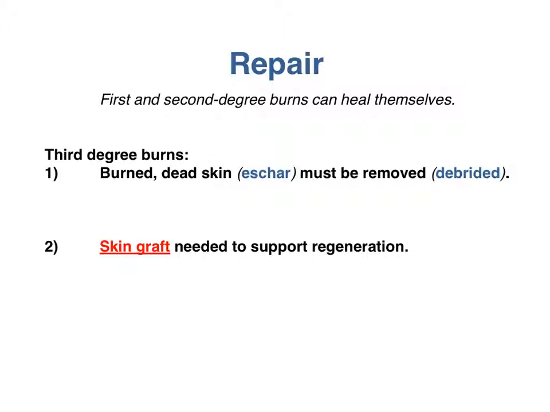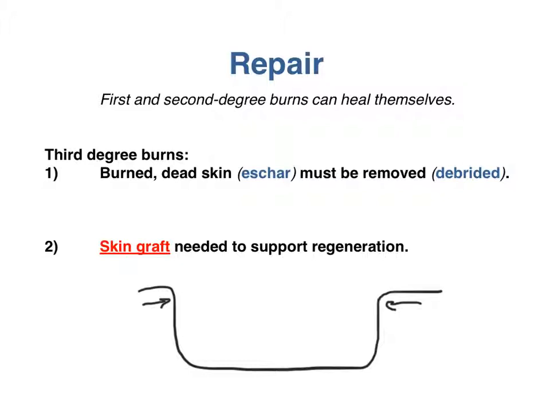The second part of repairing a third degree burn is using a skin graft. Remember from our discussion of skin repair that if you have a really big wound in the skin, the cells on either side are going to have a hard time replacing the tissue. It's just too big.